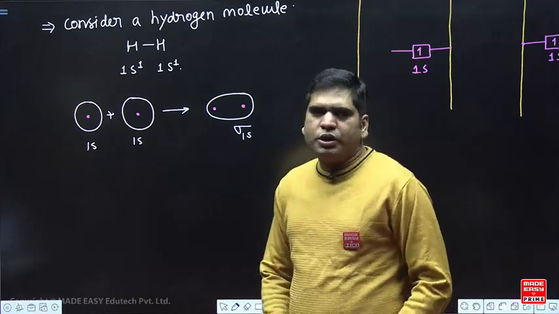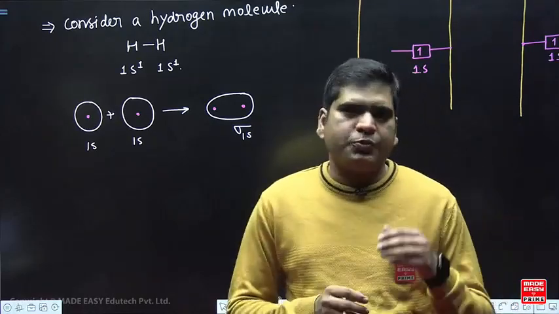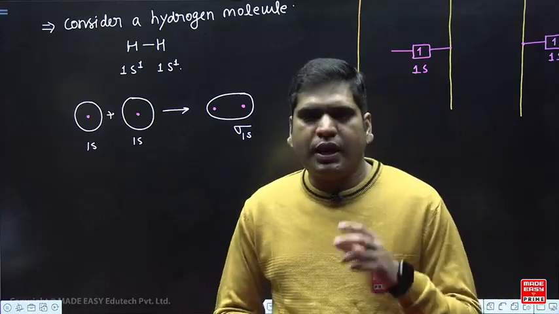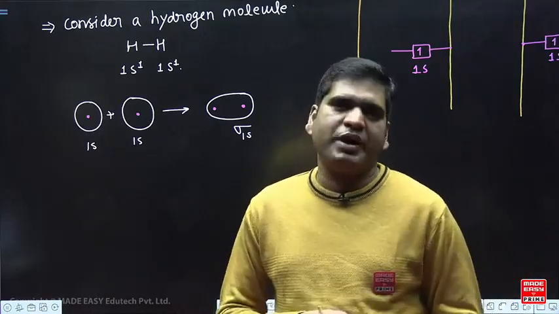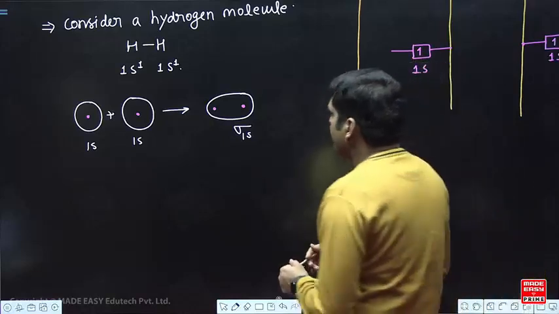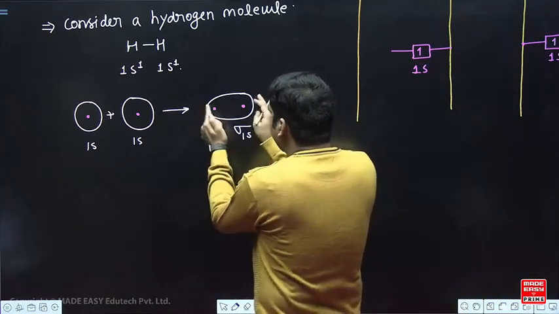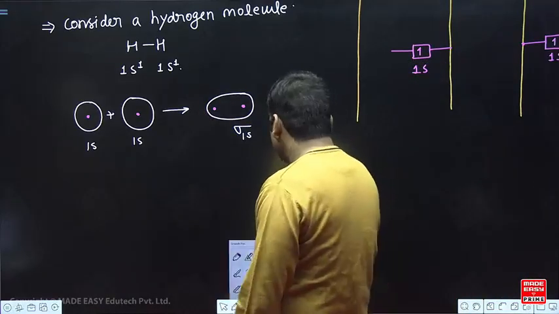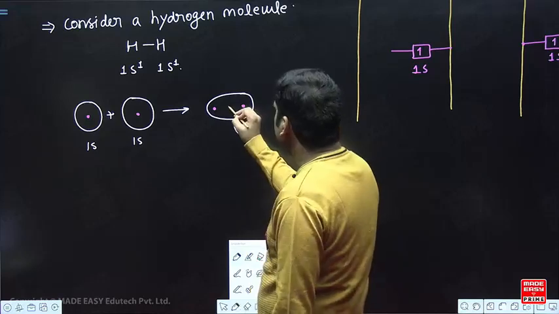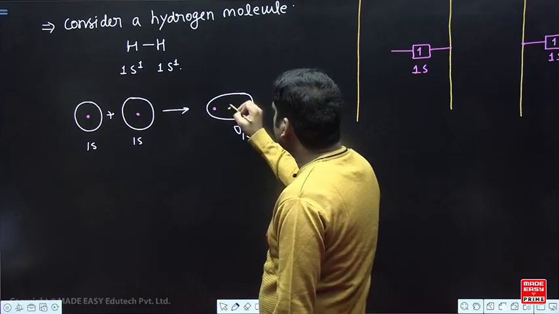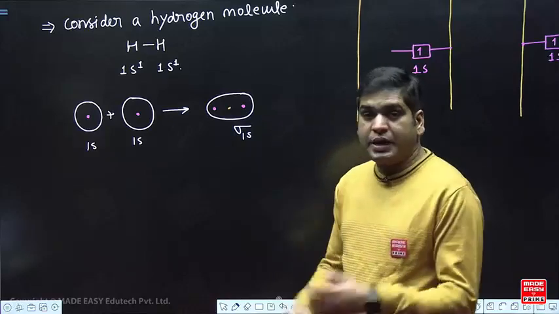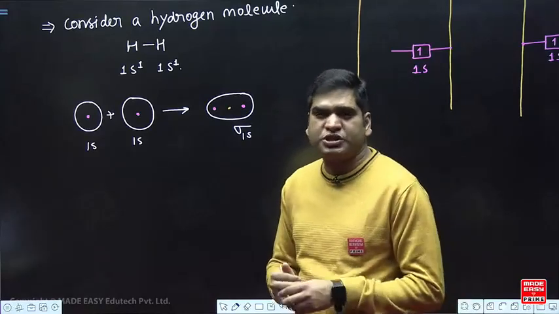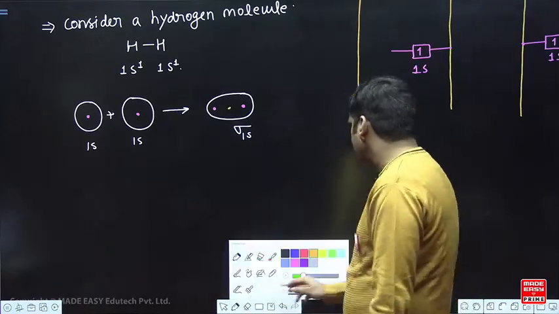If you recall, I told you that if an electron is very close to the nucleus, energy is minimum, and if it is away from the nucleus, energy would be maximum. Here you see, my dear friend, any electron is attracted by two nuclei. So the effective positive charge is at this point, and all the electrons will be very close to the effective positive charge. And if electrons are coming closer to the positive charge, then energy should come down.